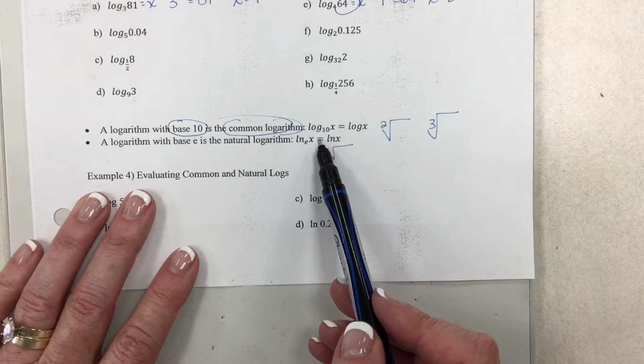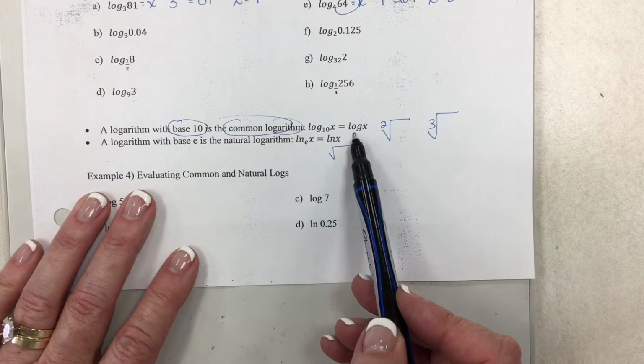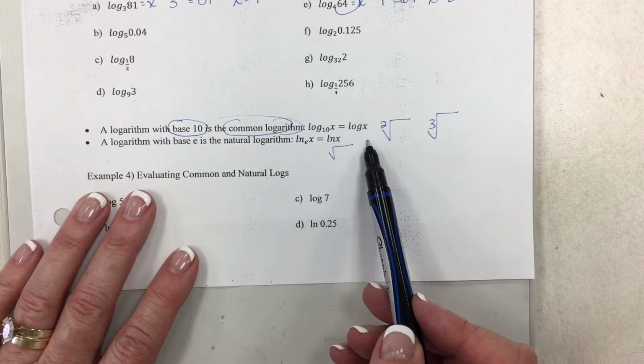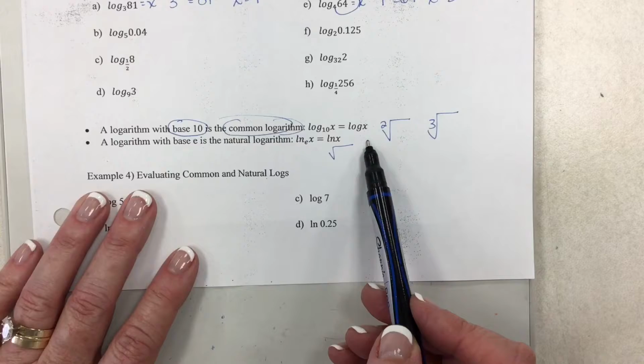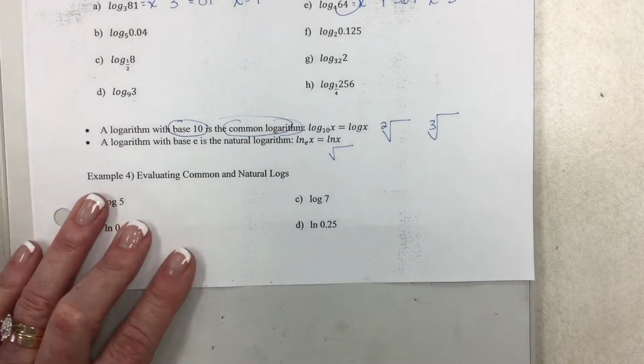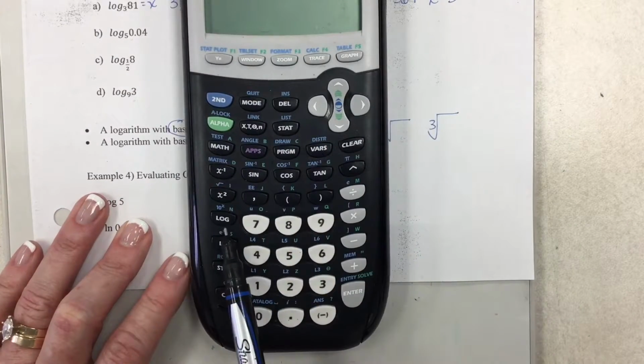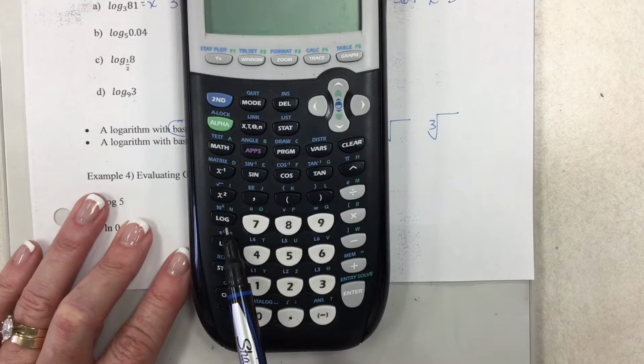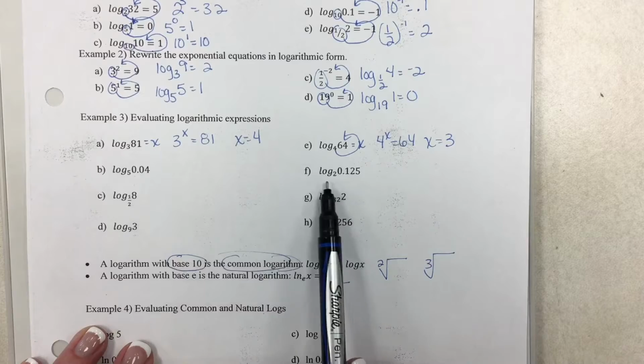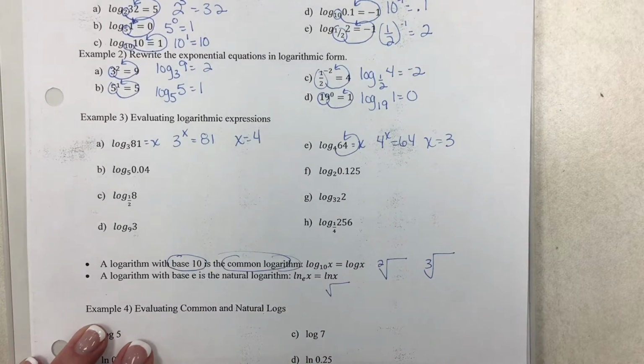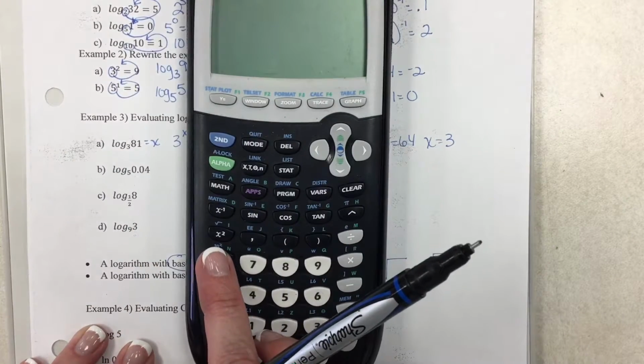You don't see it written with the 10, but when we see just log written, we assume it to be with a base of 10. And only can I use this button when I have a base of 10. So these problems that we have above, the way that they're written and the knowledge that we have today, you cannot use this button to solve that.